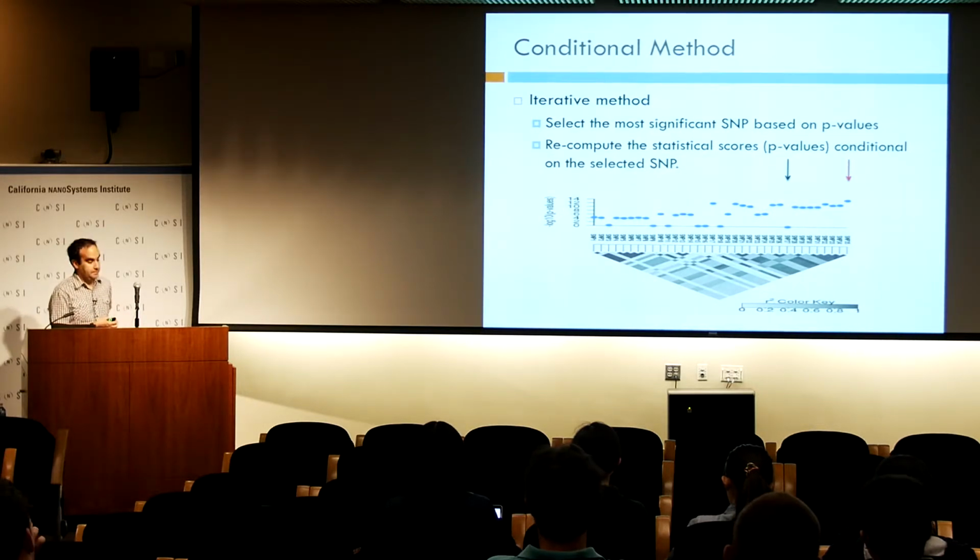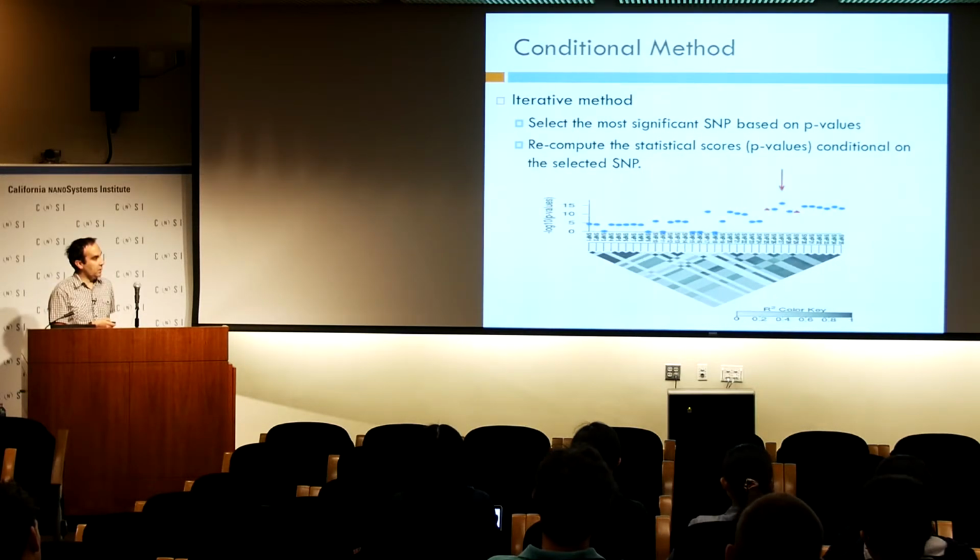The problem is that when you make this choice at the beginning, you're basically saying that the peak SNP is the causal variant. And in this case, it's not, because these two circles are the causal variants. So you're already missing that.